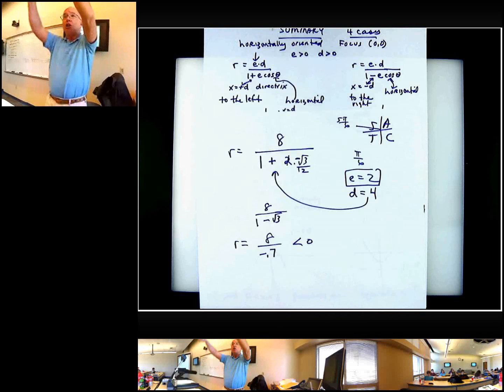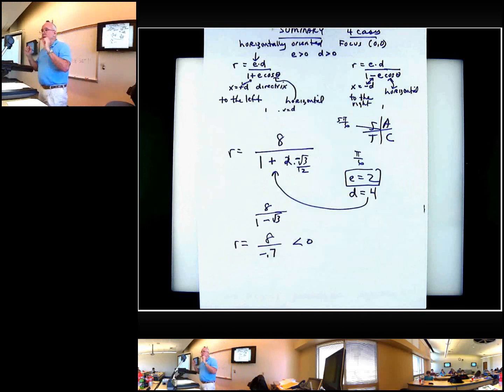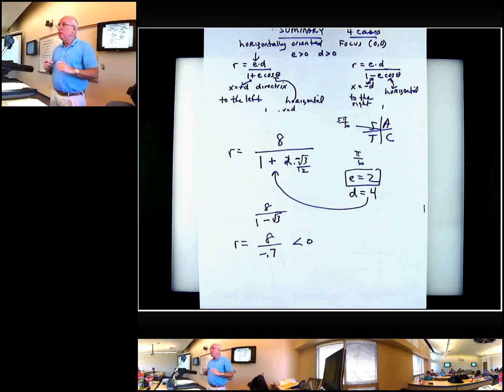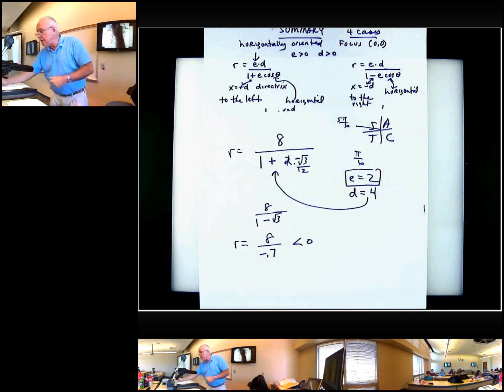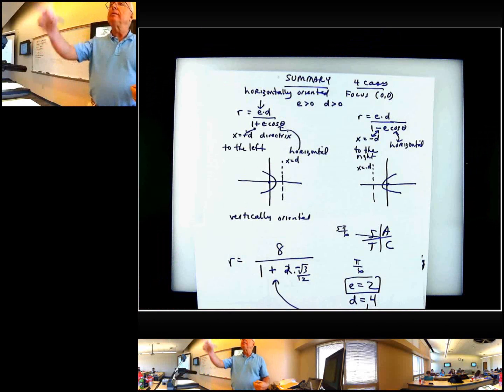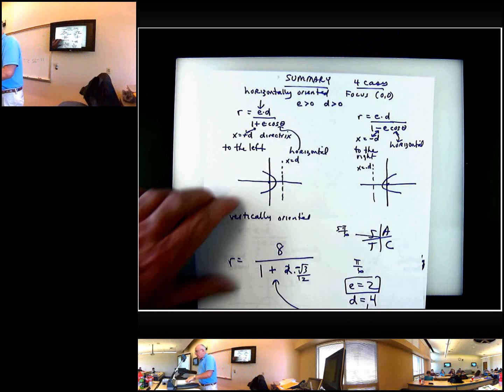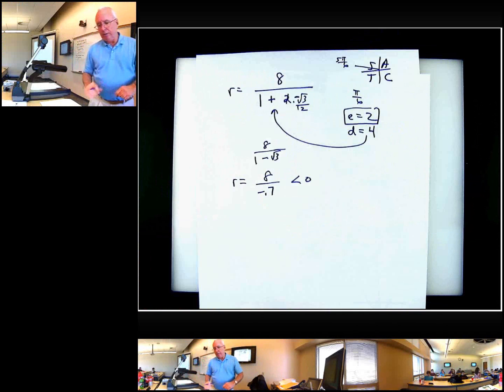The ellipse is all on one side. But the hyperbola, we've got 2 sections. And because the E is bigger than 1, and because cosine and sine go between negative 1 and plus 1, right? So if I have some number bigger than 1 right here, and I'm combining it with 1 plus something bigger than 1 times something that can range from minus 1 to 1, I'll get negative numbers over there. We'll see that a little bit once we do an example here.